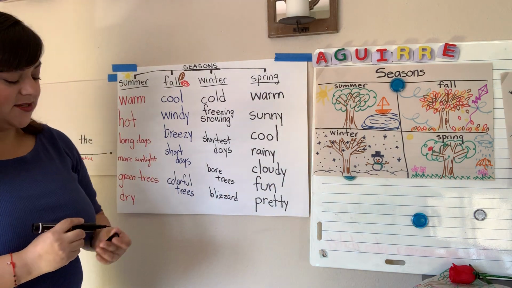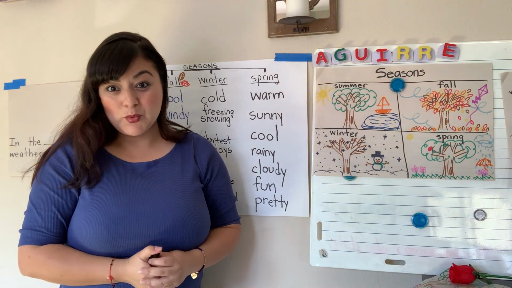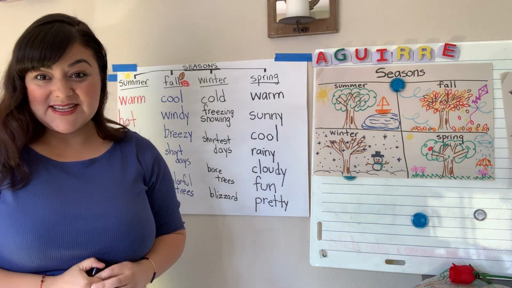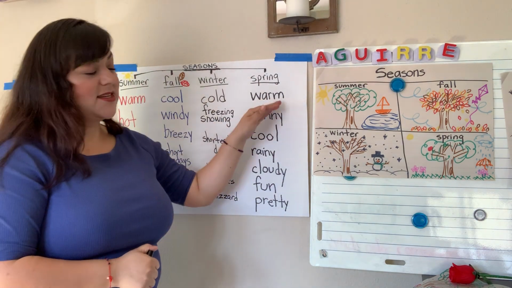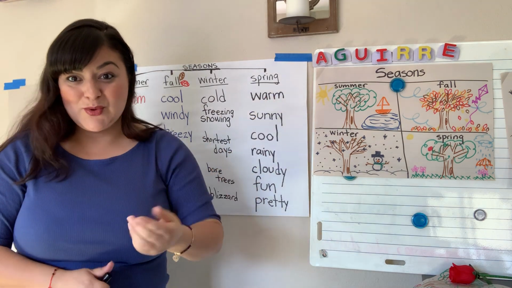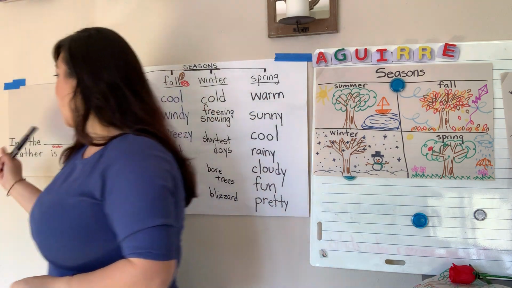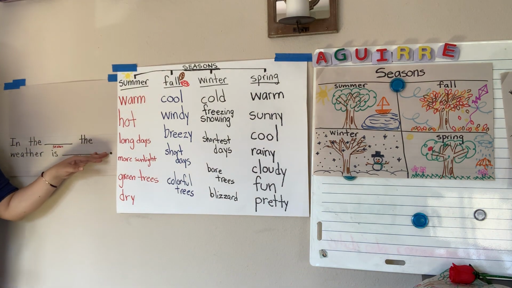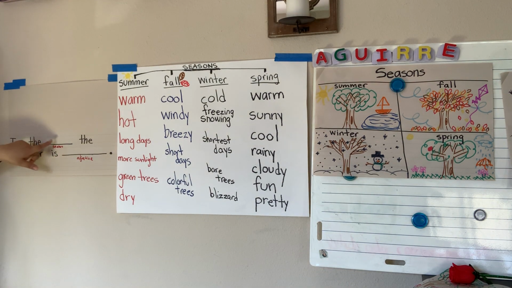Pretty. Okay, so let's review what we learned about the springtime. So I'll say the sentence frame first and then you can say it. Okay, so we're using this language frame here that says, in the blank, the weather is blank.